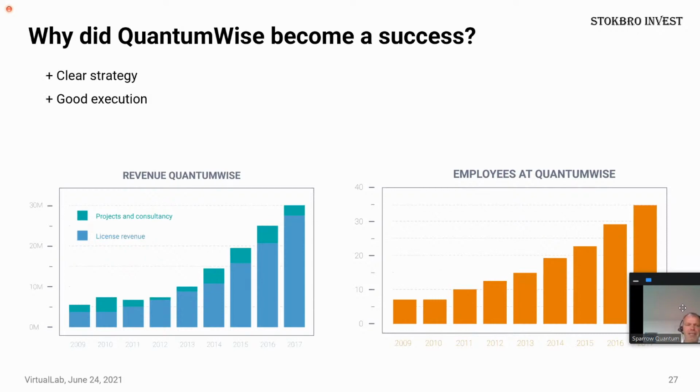So we had a clear strategy, good execution, lean organization, and I had the majority stake in the company. So there was really a clear leadership, and I could decide what was going to happen.